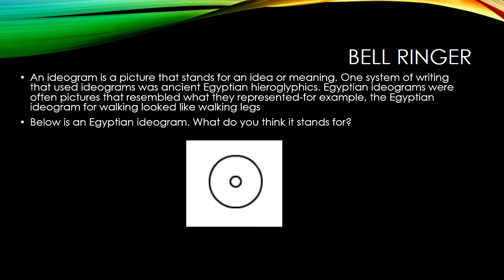Ideograms are recognizable. They're images that are used to convey ideals rather than symbols used to represent speech sounds. So even if you can't read the language, if you're in a foreign country, an ideogram can almost be universal, and anyone can read that. So that's why they use ideograms.